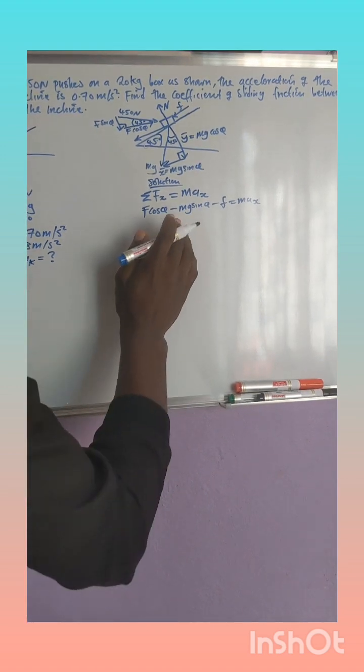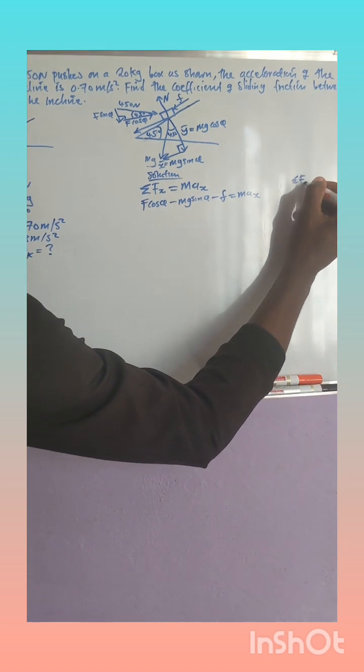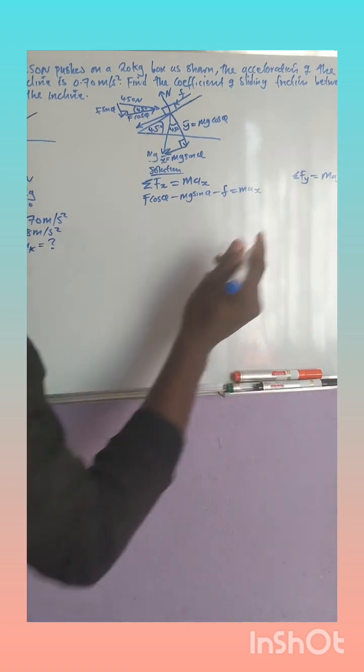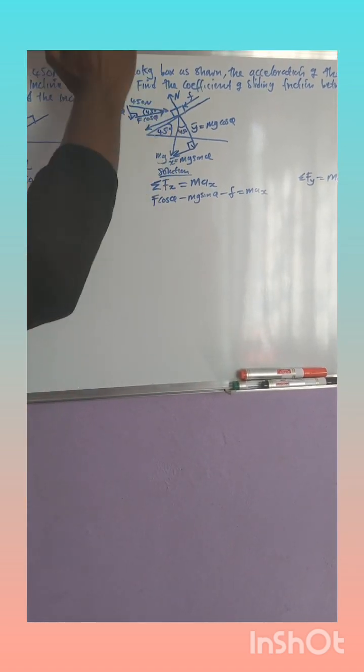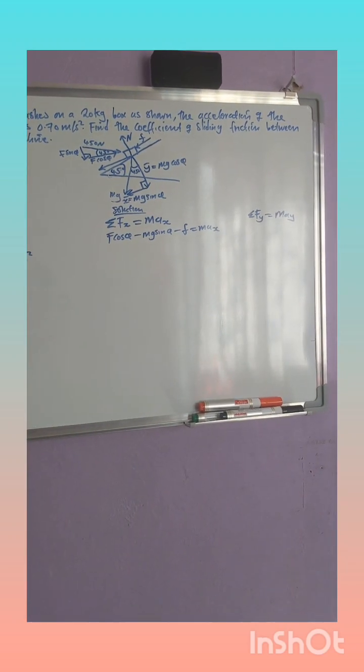Now for the summation of forces in the y-axis, it's just the same, ma y. But now this box is not moving up and down. Therefore, the summation of forces in the y-axis will be equal to 0.